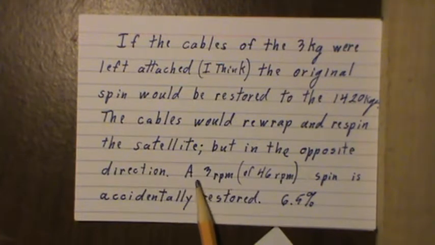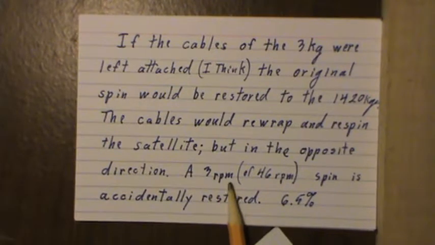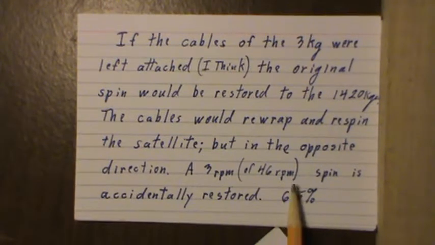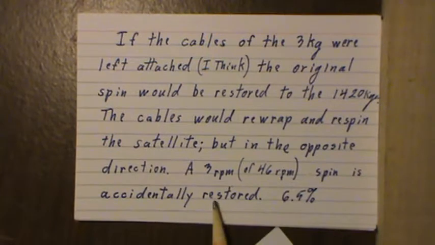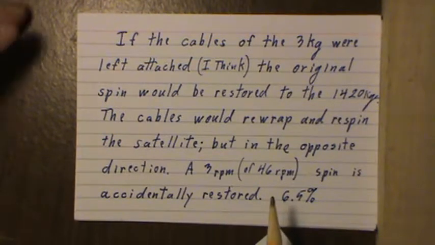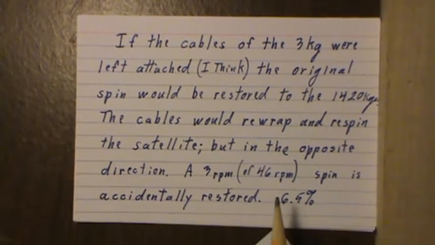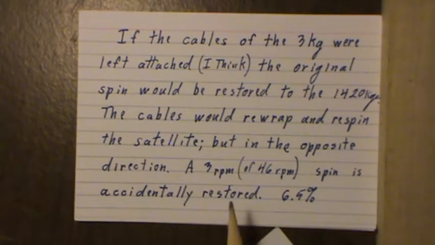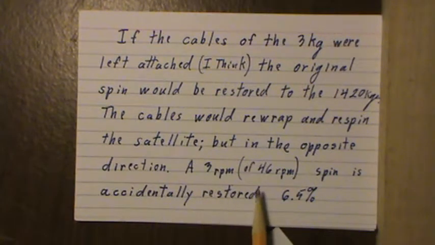By accident, NASA had a 3 RPM backspin from an original forward spin of 46 RPM. That's about 6.5%. This was an accidental, I think anyway, an accidental respin by miscalculation, before they released the satellite cables, the cables to the 3 kilograms.